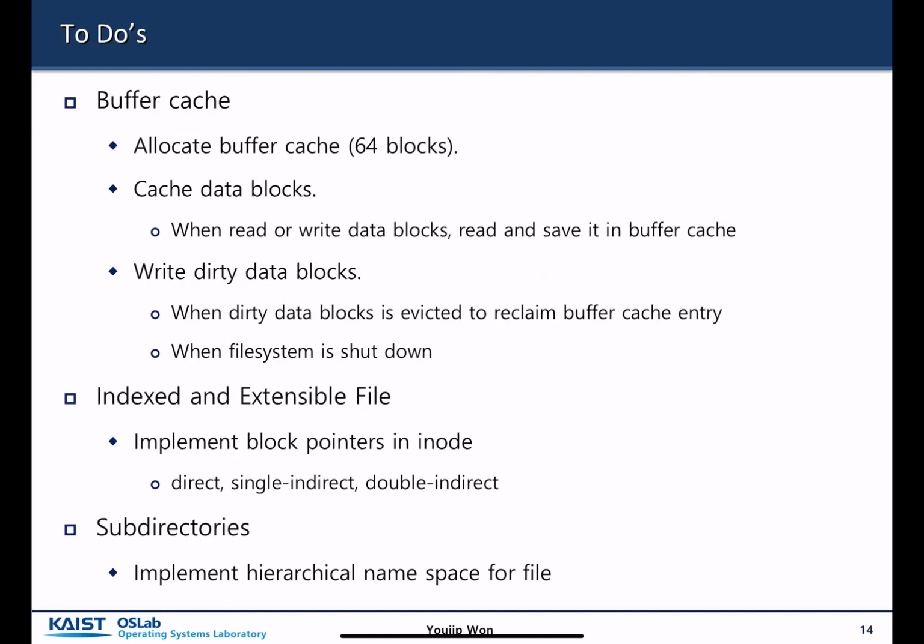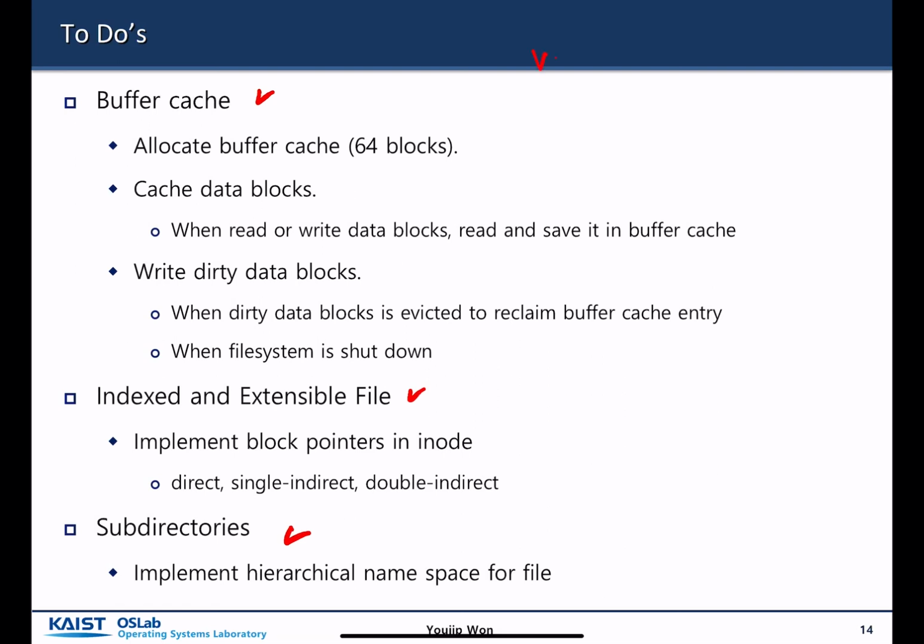So in this project, we have to do basically three things. First one is implement buffer cache. And second one is make the file system file abstraction indexed and extensible, and implement the subdirectories. So for buffer cache, the purpose of buffer cache is using part of memory as a disk. So it's the opposite concept of virtual memory.